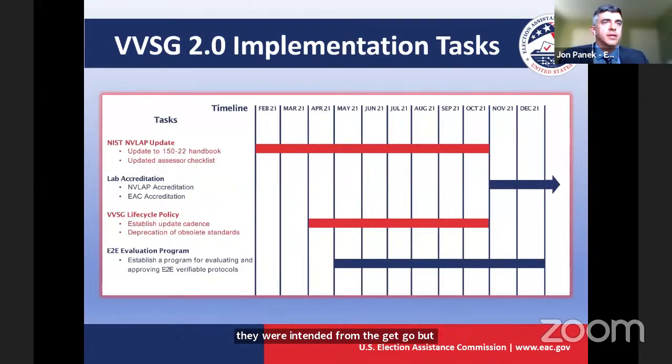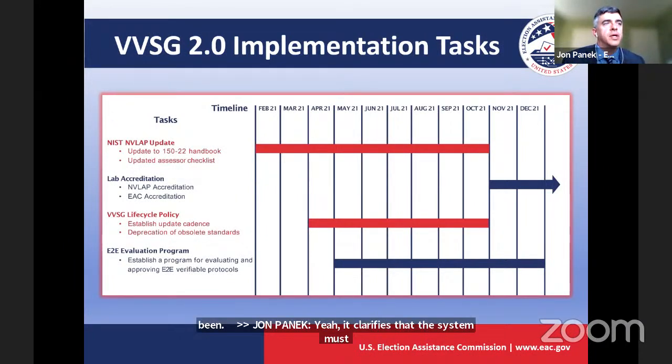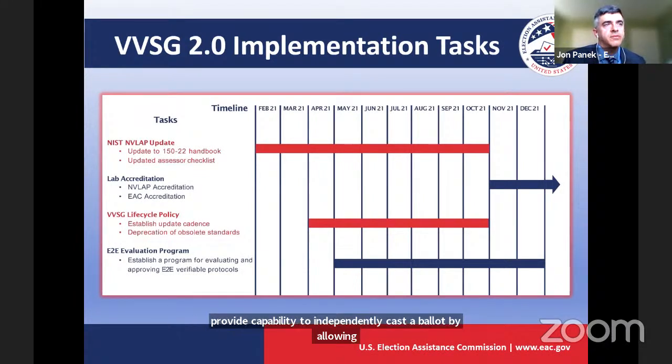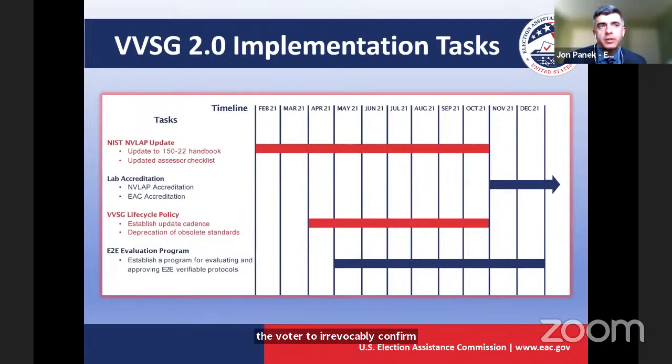Yeah, it clarifies that the system must provide capability to independently cast a ballot by allowing a voter to irrevocably confirm their intent to vote as selected without assistance from an election worker or other person.